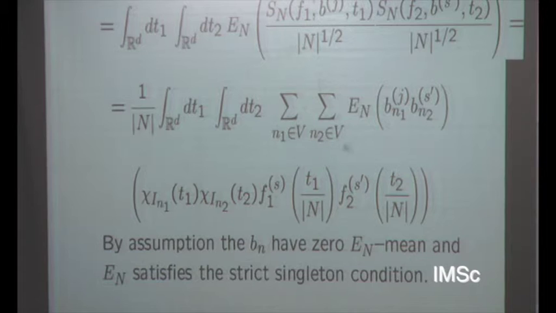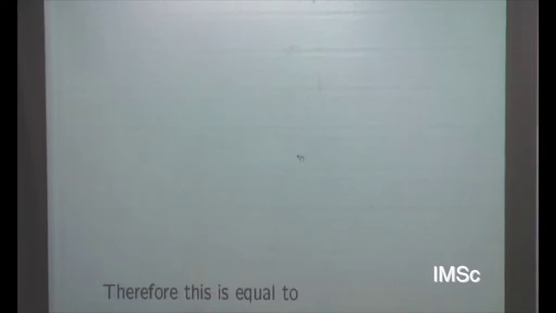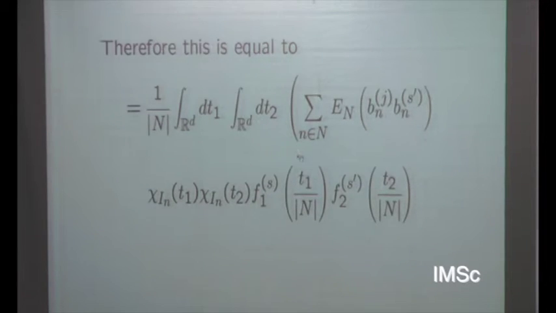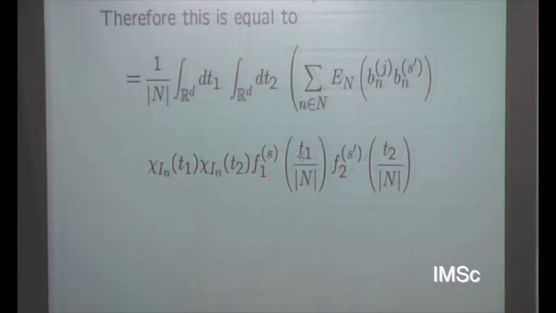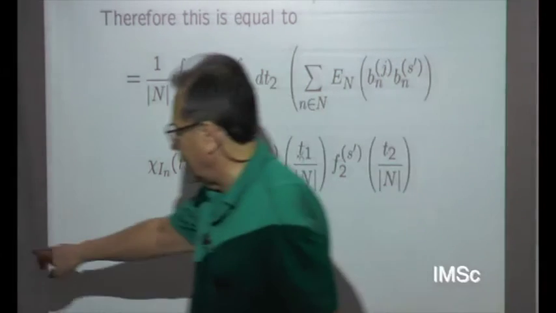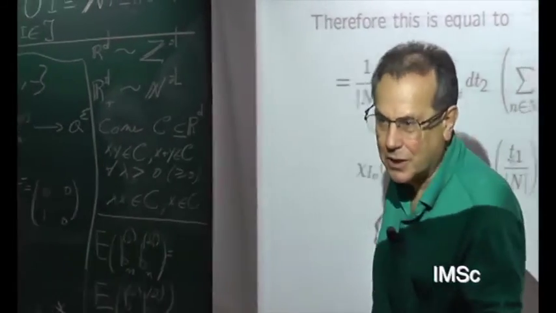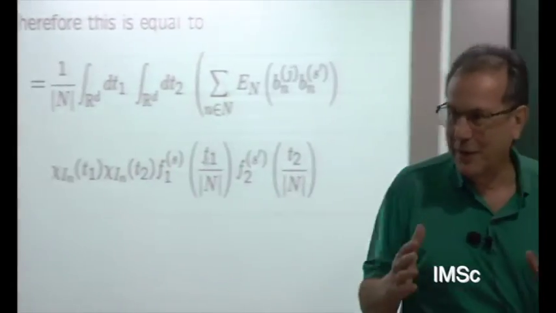So I reduce these two sums to a single sum on the diagonal, and I obtain this. And now I use the stationarity assumption, which we did not have in the central limit theorem, but I want to simplify the algebraic part in order to single out the analytical part in more evidence.